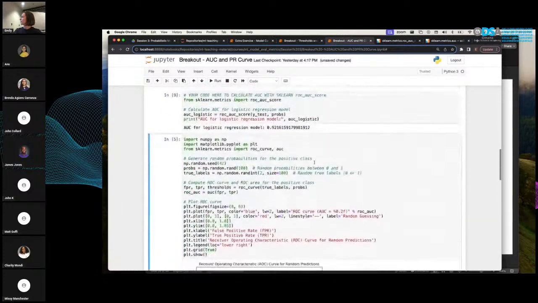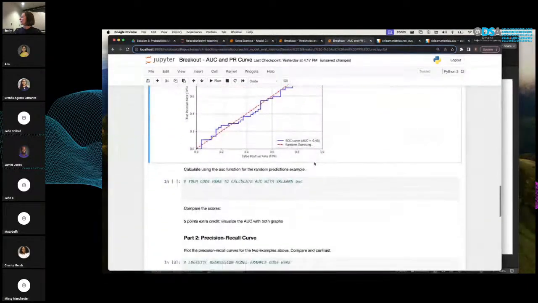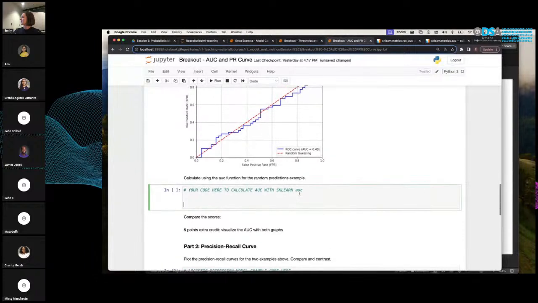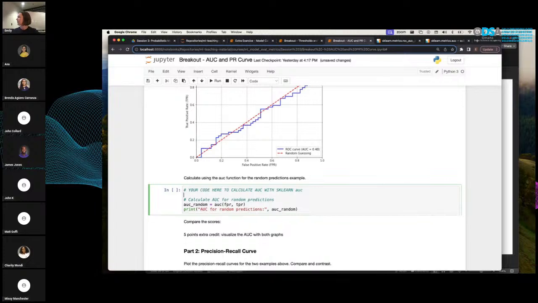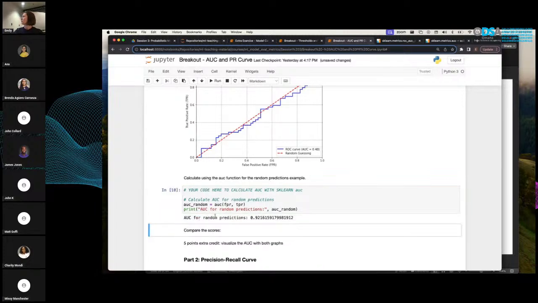Okay. What about this one? I'll just drop this answer in as well because it was the same as was in the code up above. So we're just going to calculate AUC, passing the false positive rate and our true positive rate to the AUC function and calculating the AUC.